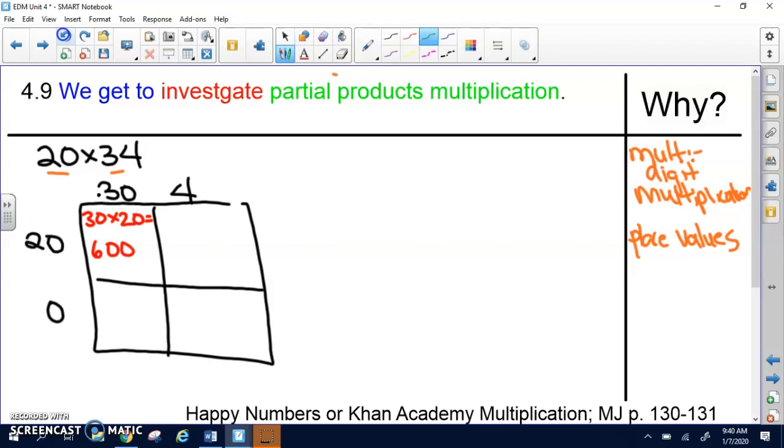I like that. You do 20 times 4, which would be 80. Because 4 times 2 is 8, and then you have that 0 since we're in the tens place value, right? You do 30 times 0 equals 0. Then 4 times 0 equals 0.